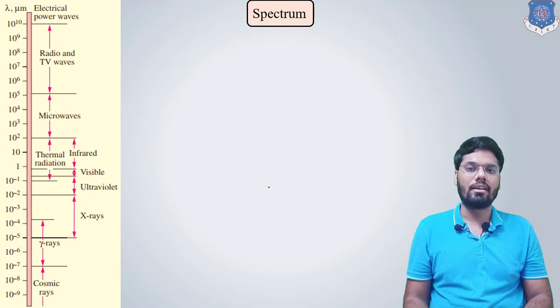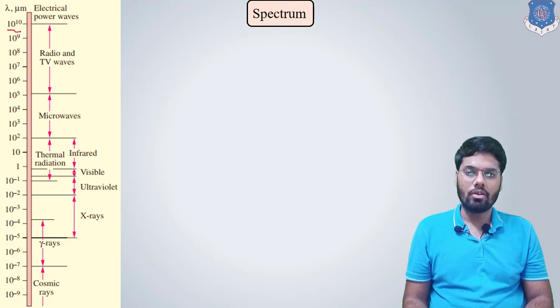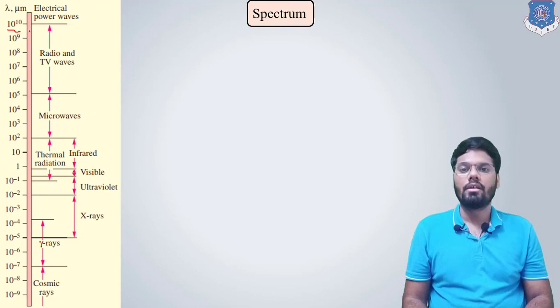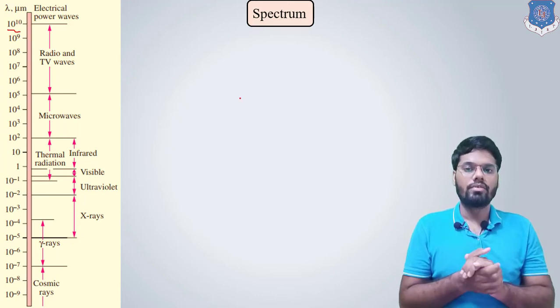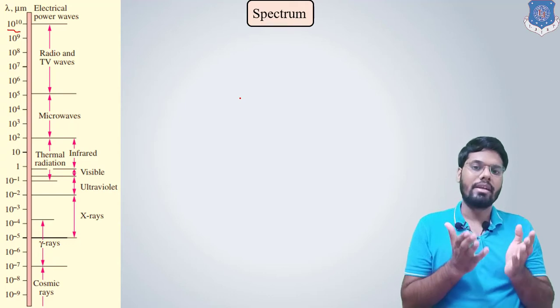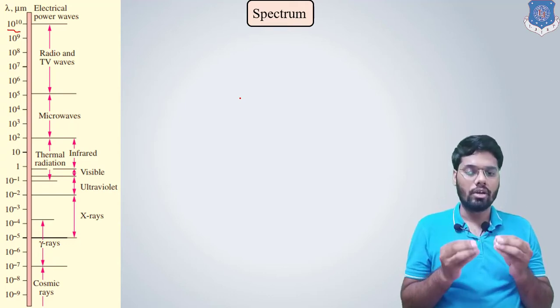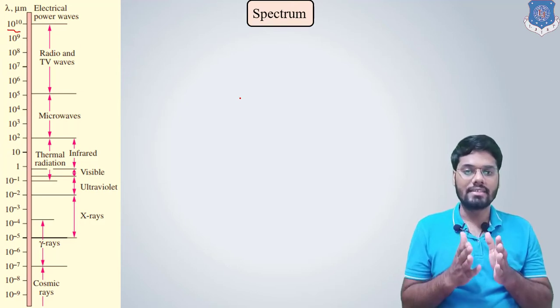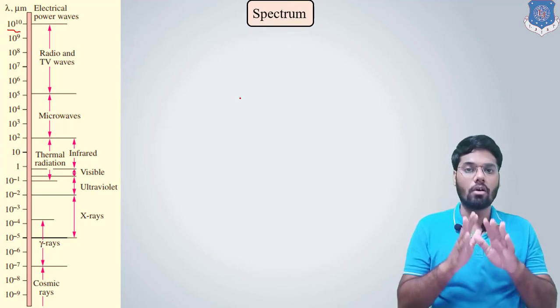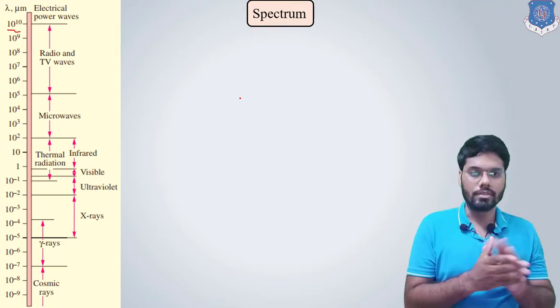Here, this is a spectrum of electromagnetic waves. Here you can see that this is the range of 10 raised to 10 micron to 10 raised to minus 9 micron of wavelength. All the radio waves, TV waves, microwaves, thermal radiation, infrared, visible light, ultraviolet rays, X-rays, gamma rays, cosmic rays, these all are electromagnetic waves.